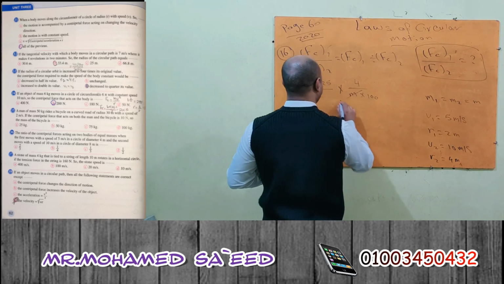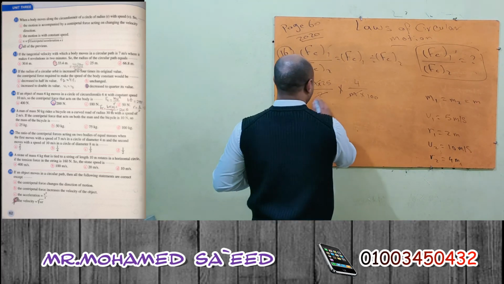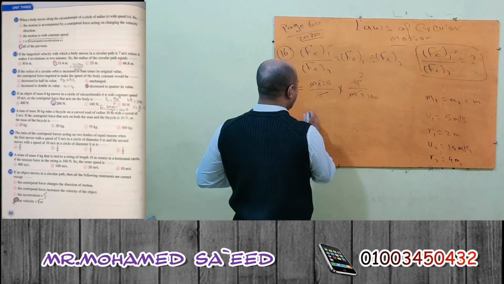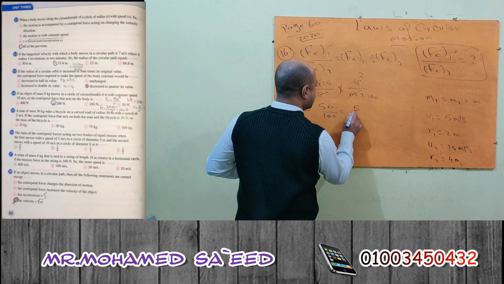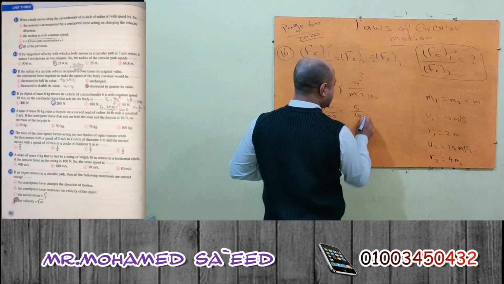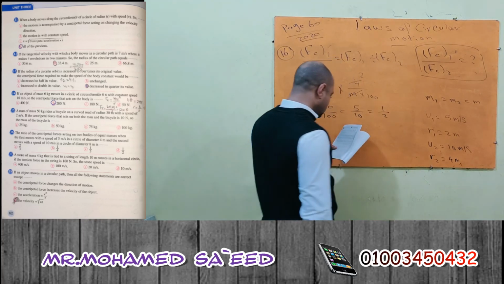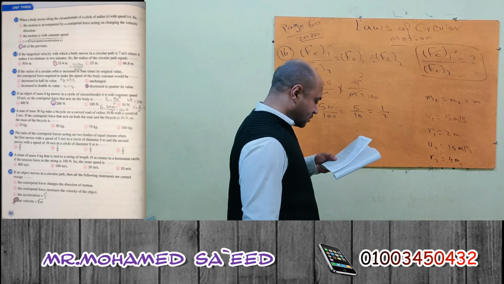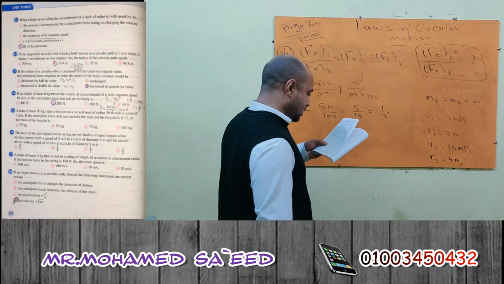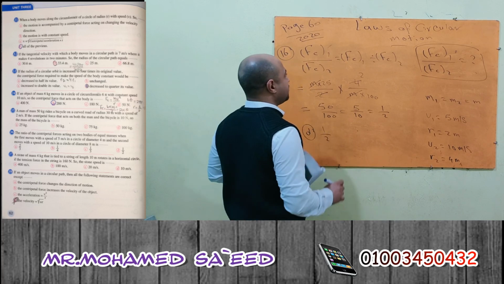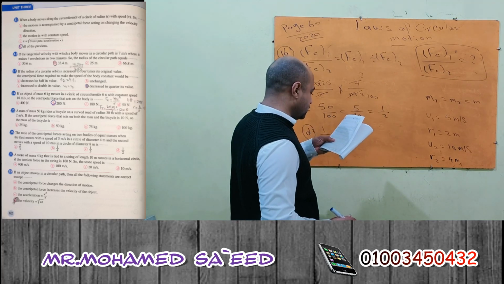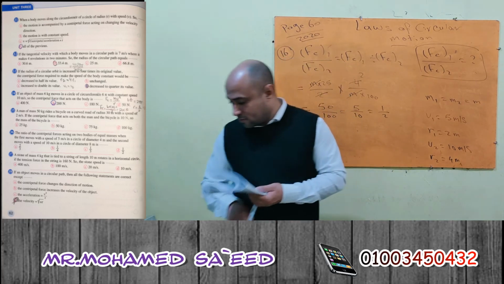M cancels with M. 2 times 25, 50 over 100 equals 5 over 10 or 1 over 2. So the true answer is D, 1 over 2. FC1 over FC2 equals 1 over 2. Okay, the next question.